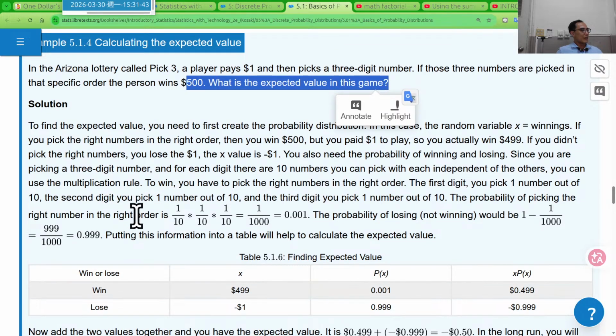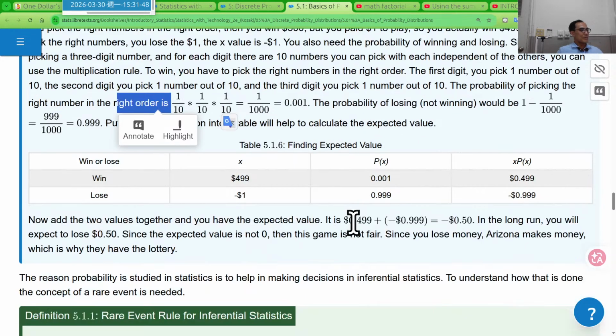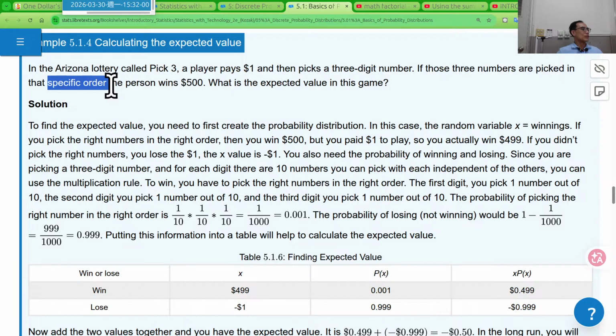Again, what does it mean? The right order matters. For example, assume the winning number is 387, in that specific order. If you got 873, no, you will not win the prize.